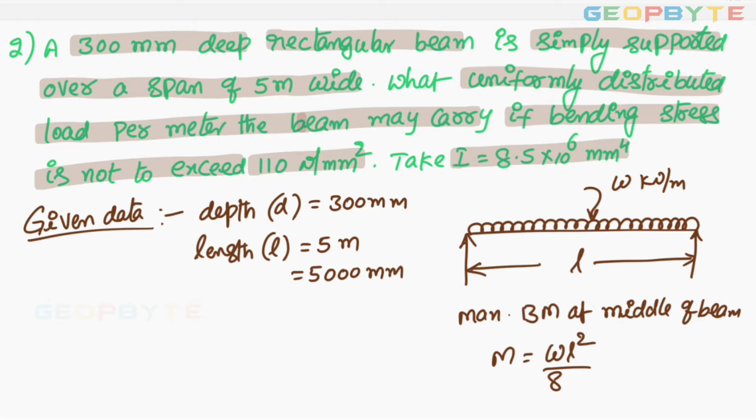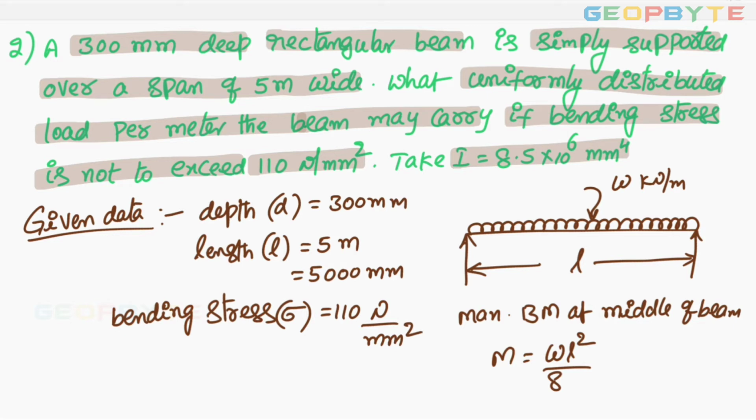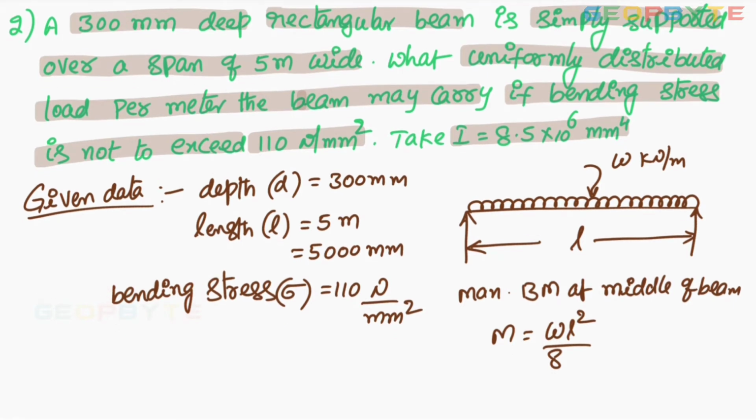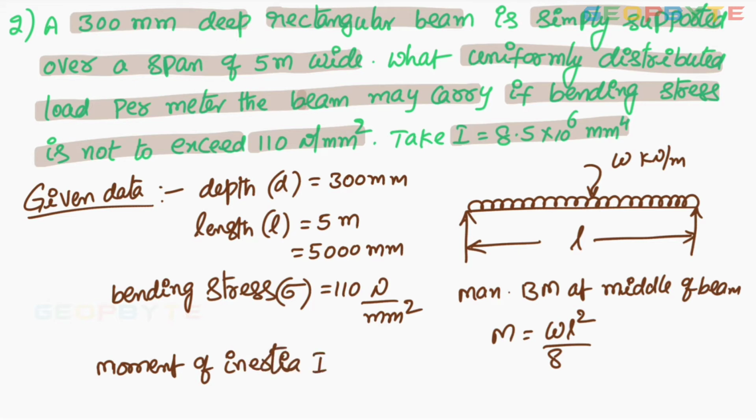Should be very careful. What uniformly distributed load per meter the beam may carry if the maximum bending stress is equal to 100 Newton per millimeter square, and moment of inertia I is given.